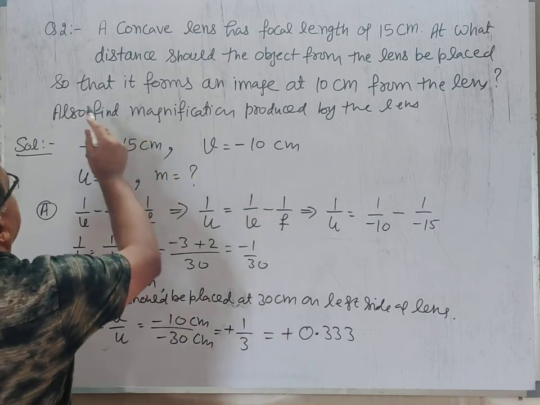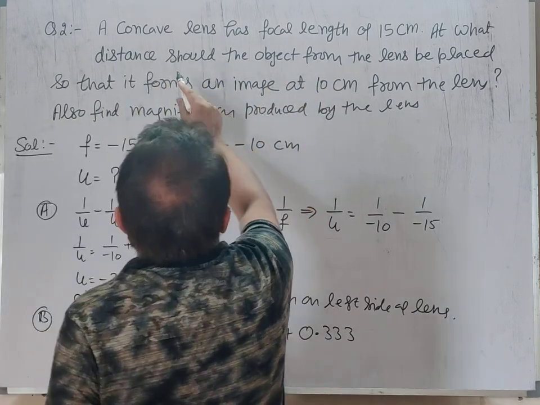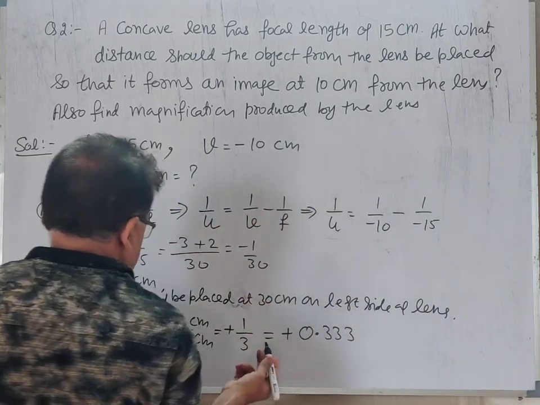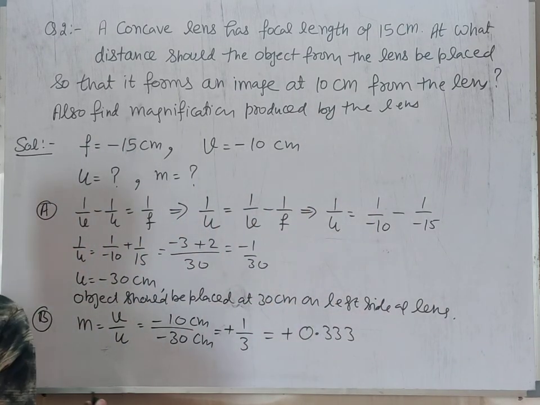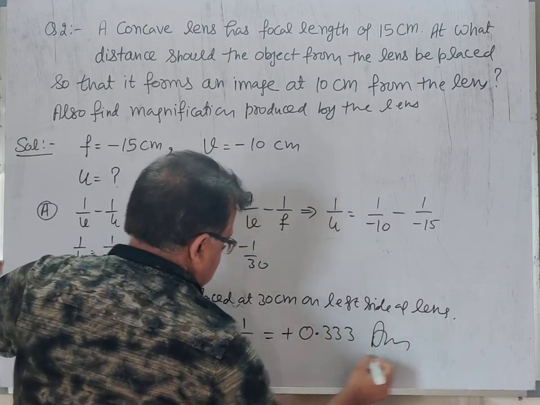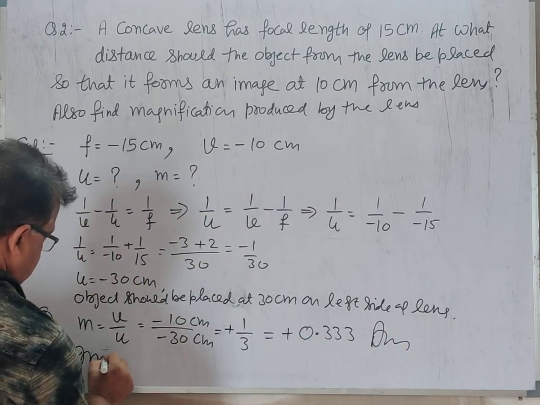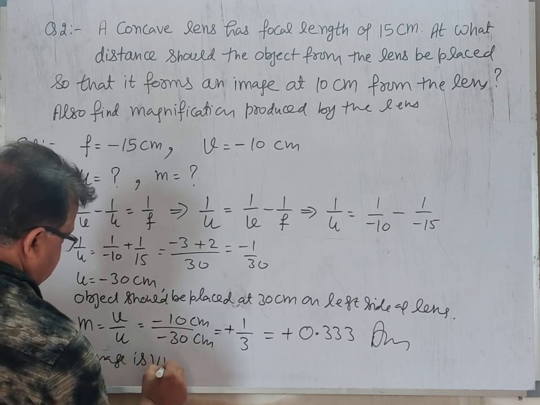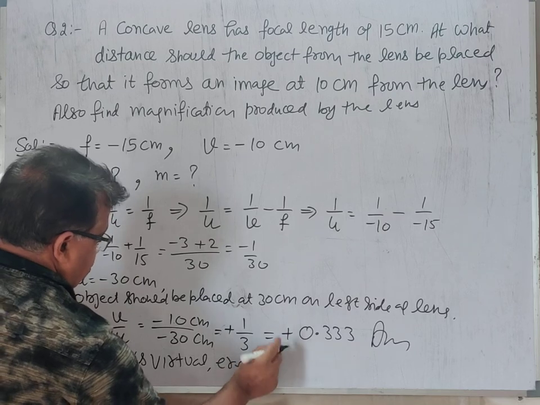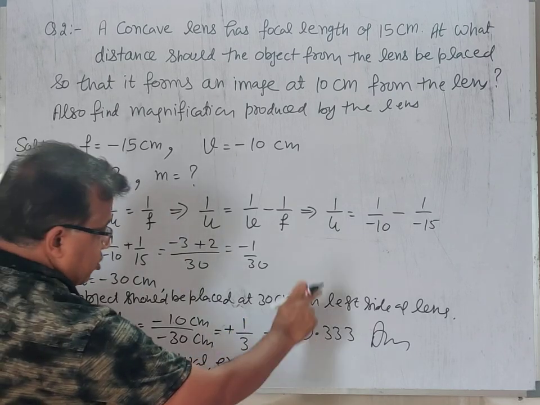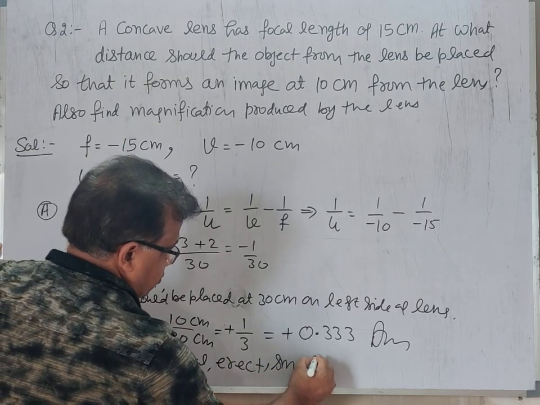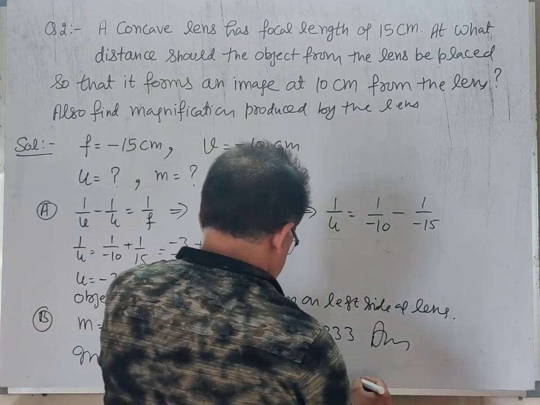So here the distance we have calculated. However, nature is not asked, but if you want you can write it, this is another answer. Image is virtual, erect, because it is positive, and because it is lower than 1, therefore it is also smaller than the object.